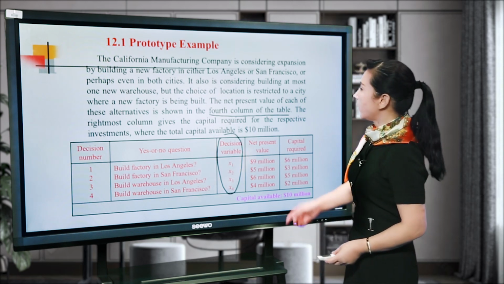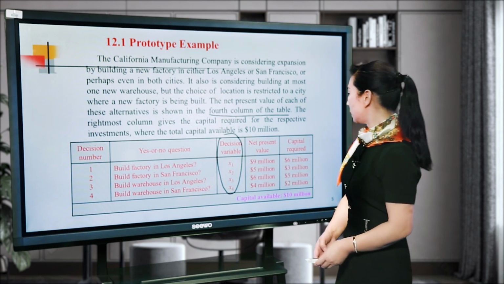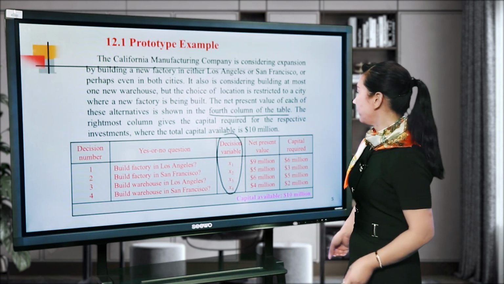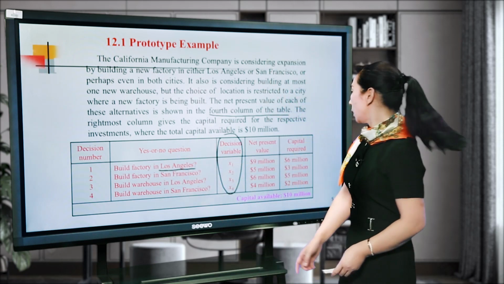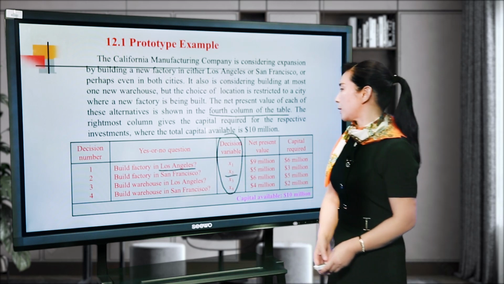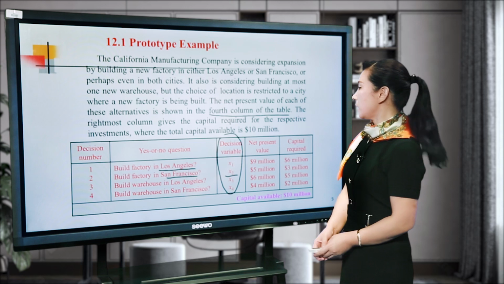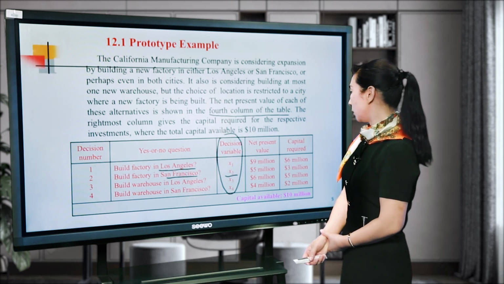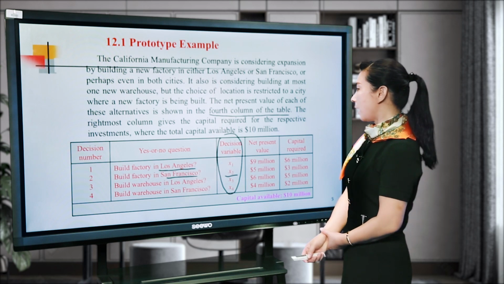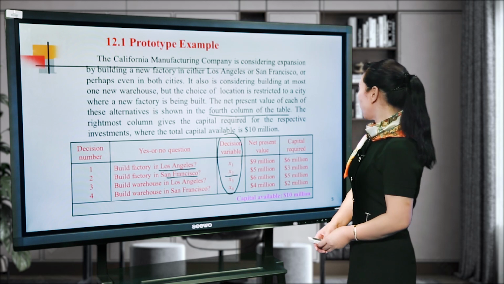We see in this table, the decision variables are x1, x2, x3, x4. x1 means build a factory in Los Angeles, yes or no. x2 means build a factory in San Francisco, yes or no. x3 means build a warehouse in Los Angeles, yes or no. x4 means build a warehouse in San Francisco, yes or no.